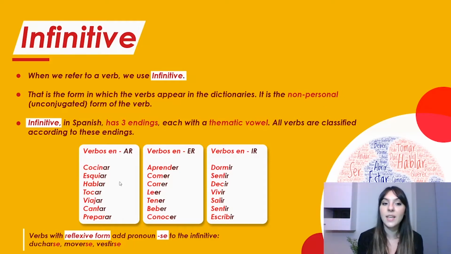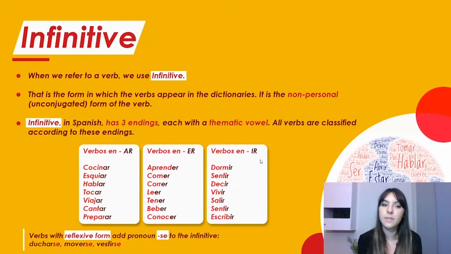So, as you can see, all these verbs end in ar, all these end in er, and all these verbs end in ir. So we can classify all the verbs in Spanish in those ending in ar, er, and ir. And this is very important when conjugating verbs.